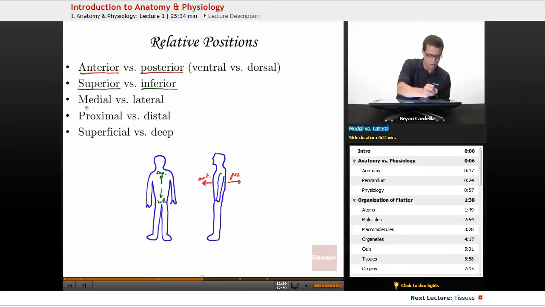Medial versus lateral. Medial, as the name states, kind of means like median, towards the middle. Medial along the midline. So if it's closer to the middle of the body, you're going to call that medial relative to whatever is lateral to it. Lateral meaning towards the sides, either side. So let's take the spleen.